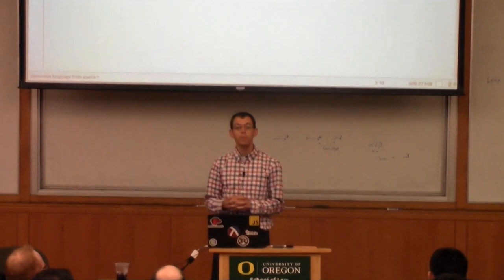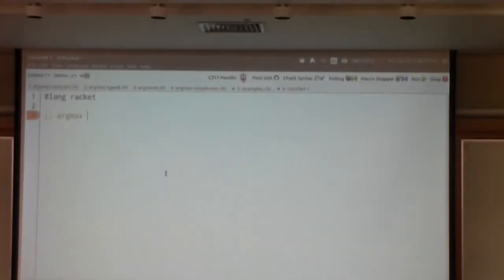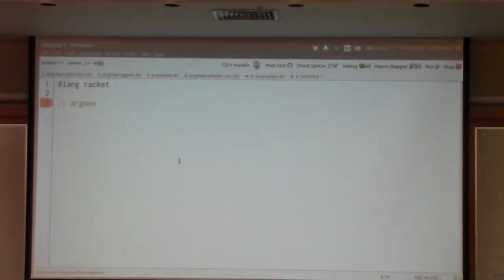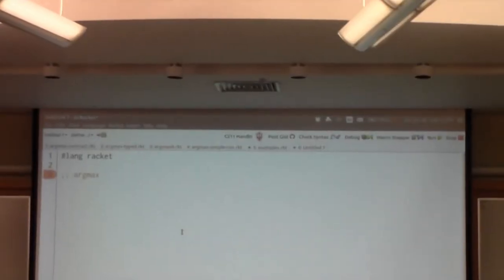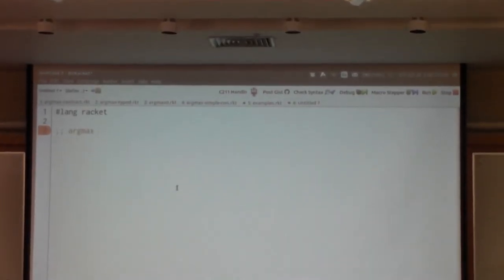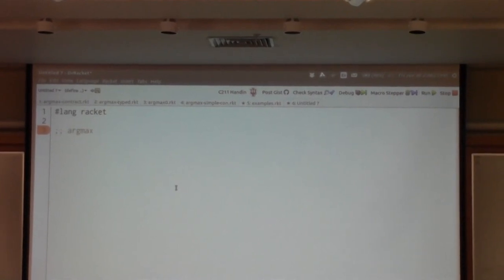Argmax takes a function and a list and figures out which element of the list maximizes the value of the function. So this is a pretty simple program.